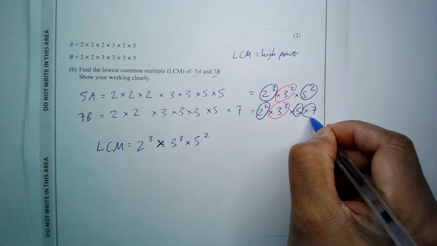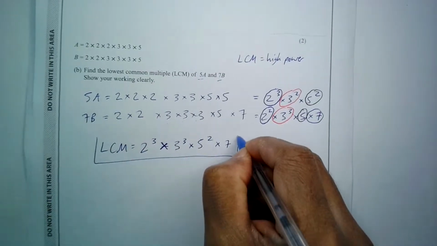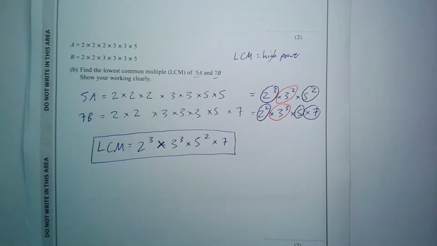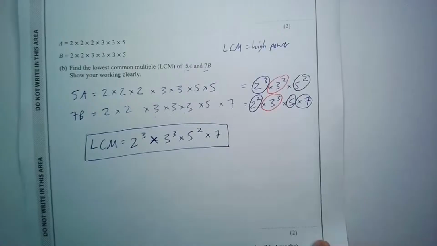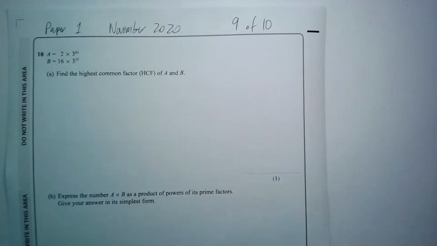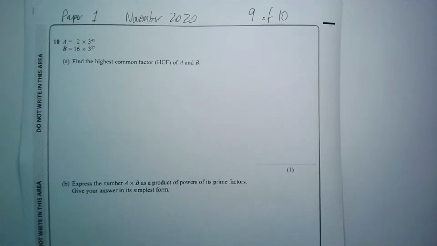And then I've got a 7 left, times by 7. And so that is my LCM. All right, well done if you got the same answer. Let's go to question 9 out of 10. Press pause and have a go. When you're ready, press play for the answer.